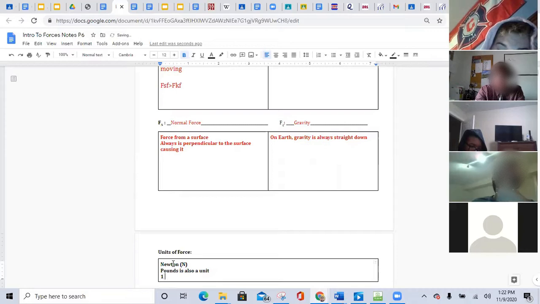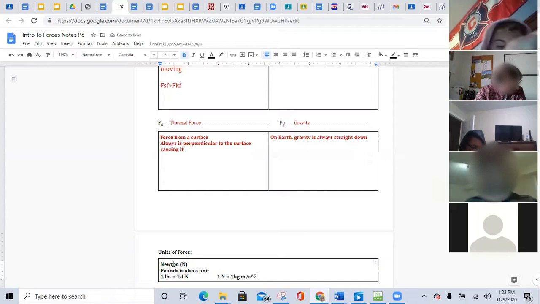And a good conversion factor is 1 pound equals 4.4 newtons. And 1 newton equals 1 kilogram meter per second squared. That's what it's defined as.